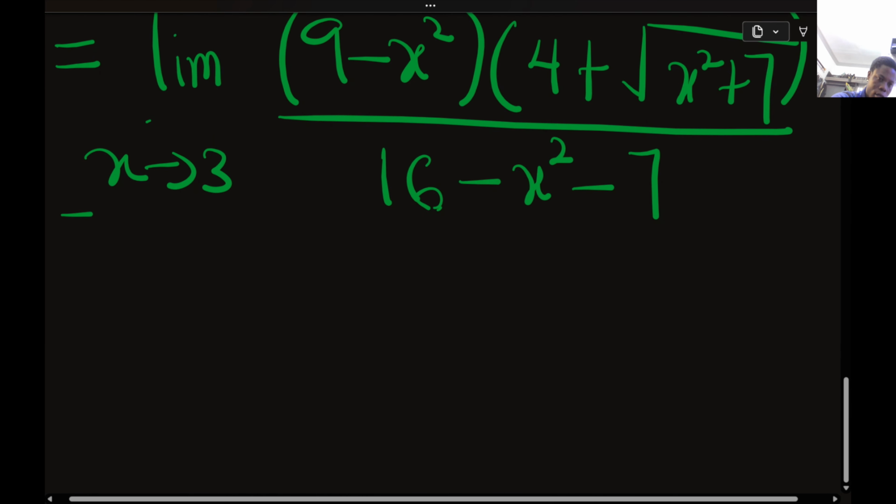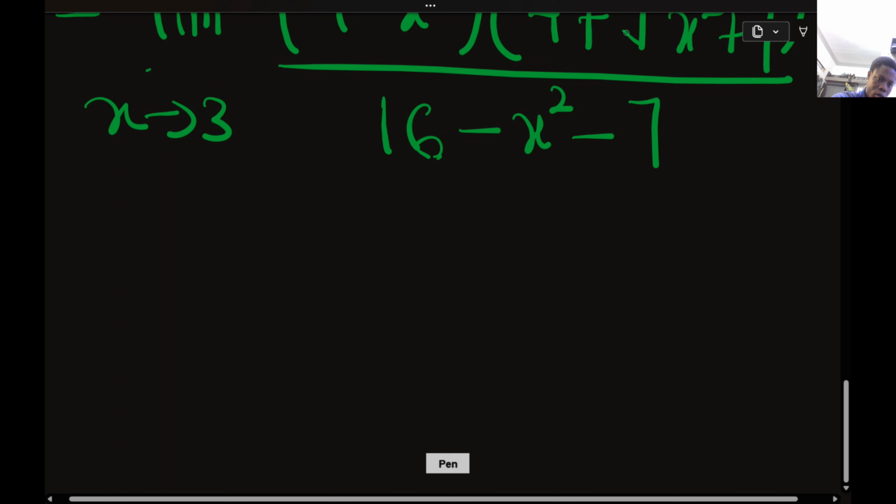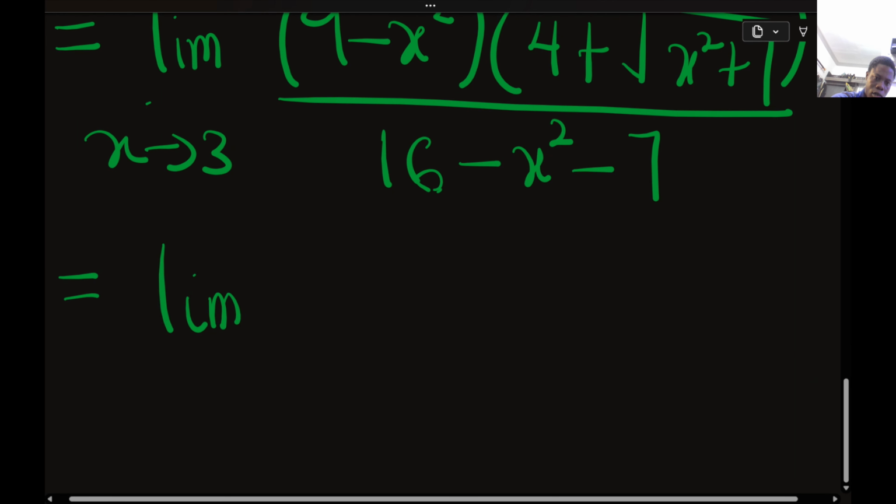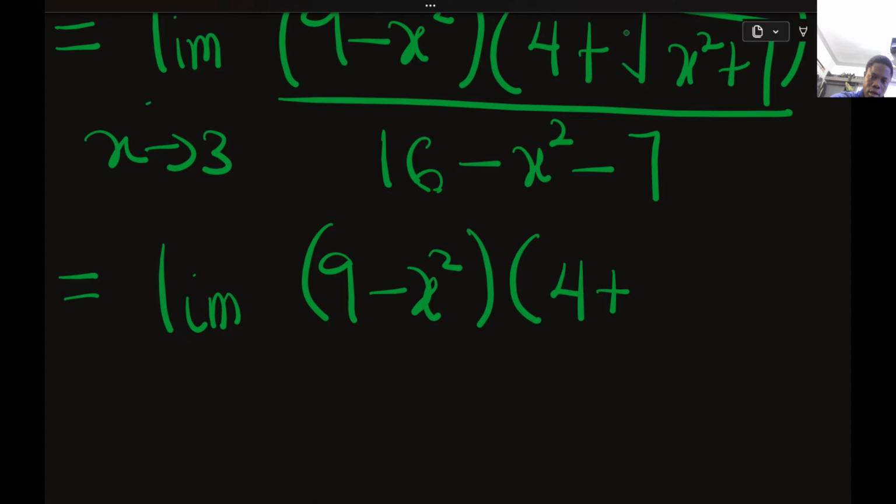So we continue to simplify. We still have our 9 minus x squared in one bracket, and here we still have our 4 plus the square root of x squared plus 7.